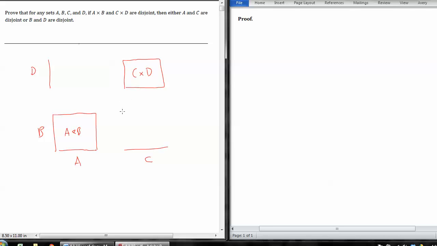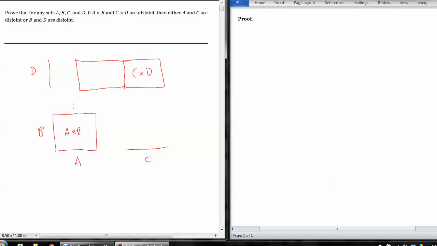However, there are other possibilities for C and D, which would still keep A times B and C times D disjoint, right? For example, C times D might have stretched over here, and it would still be disjoint from A times B, but in this case, C would overlap with A, and only B and D would be disjoint.